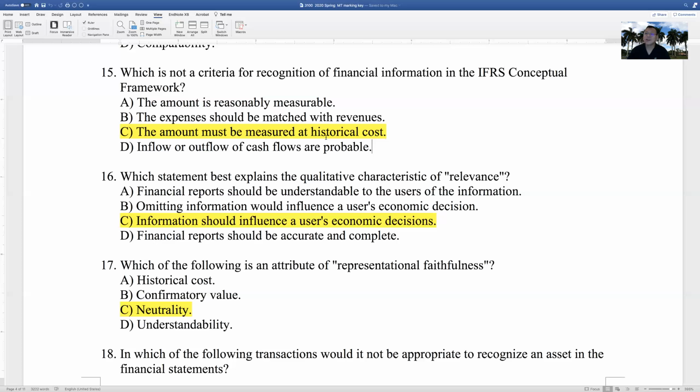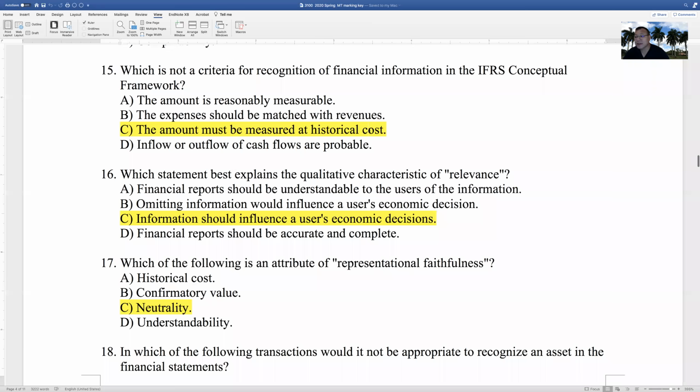So the point is that historical cost is wrong, because there are some alternative ways of measuring, such as the fair value method for the biological asset. So the answer is C.